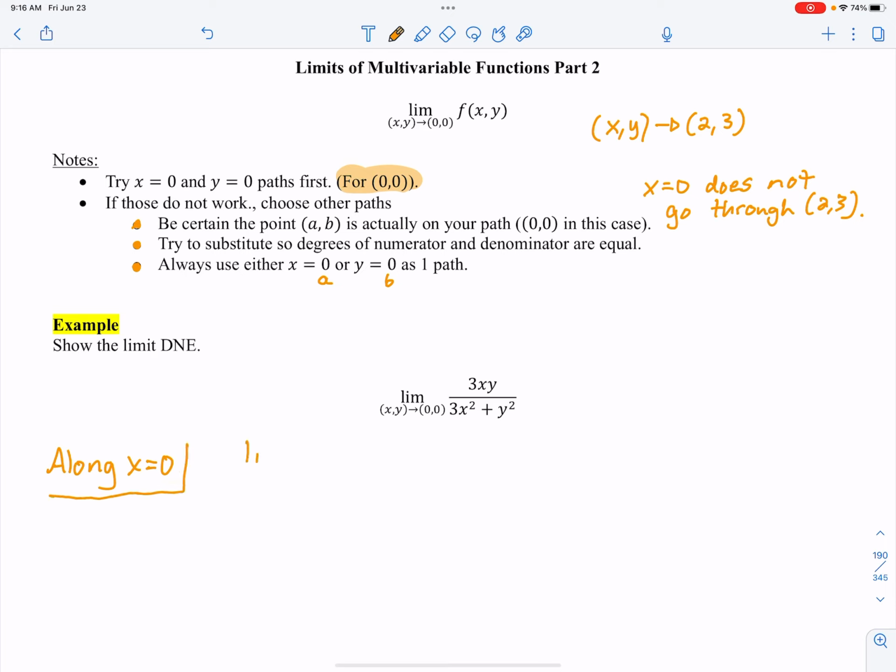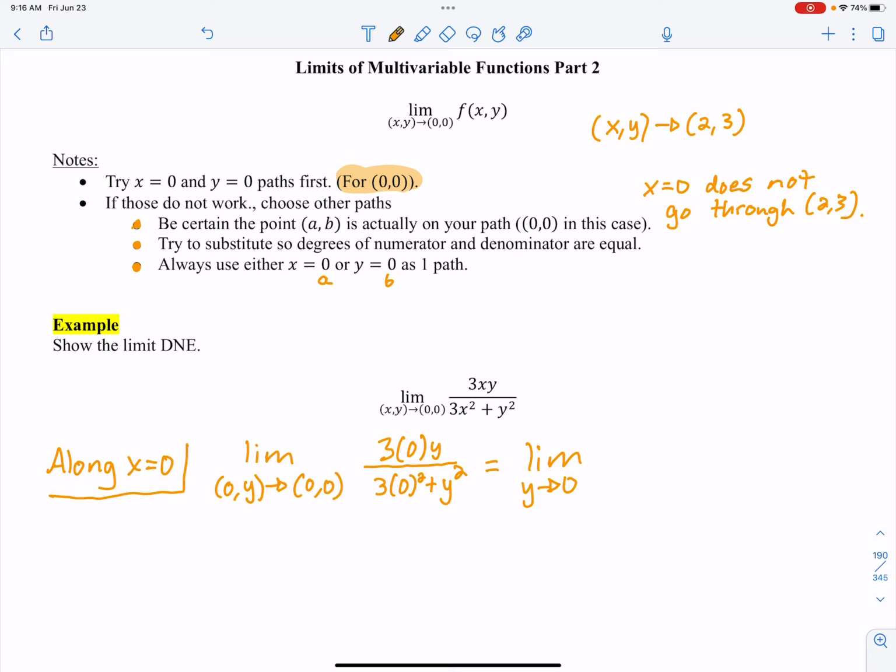We plug that into our limit as (x, y) approaches (0, 0): 3 times 0 times y over 0 squared plus y squared. I wouldn't want to say this is equal to 0 because we need to not plug into an indeterminate form.